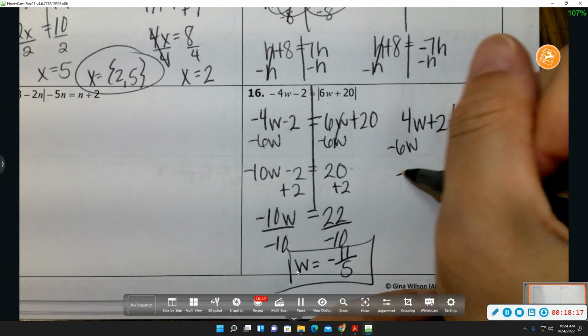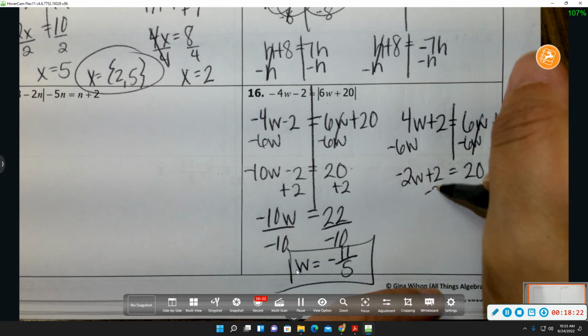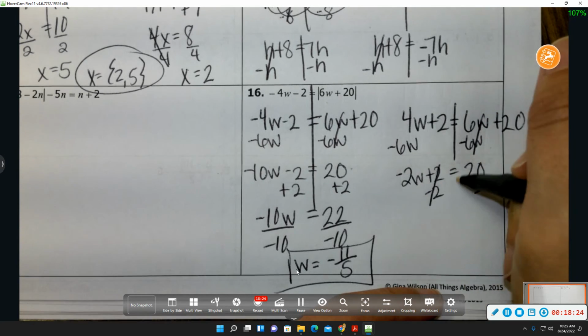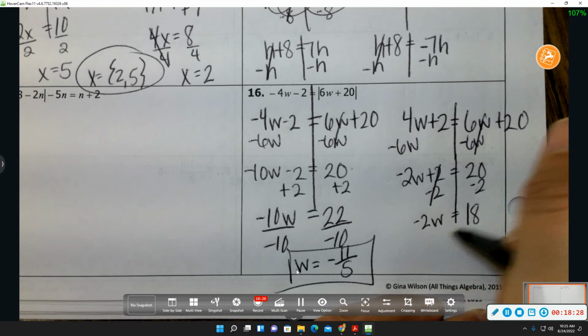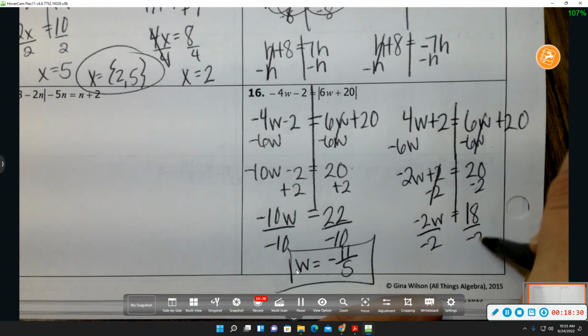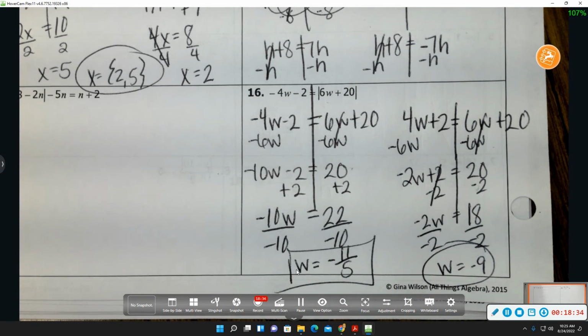Subtract 6W, get -2W. Subtract 2. Divide by -2. So these are my two answers. I'm going to write those two answers on this other sheet of paper real quick so we can check both of them.